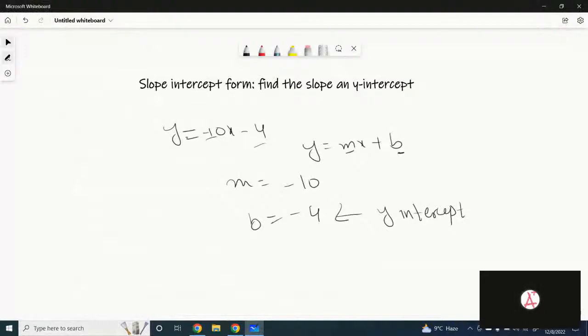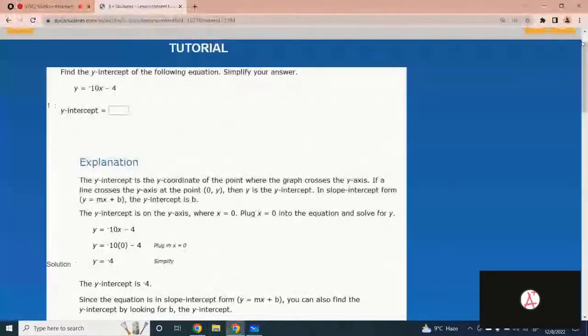Got it? Let's start with the test questions.